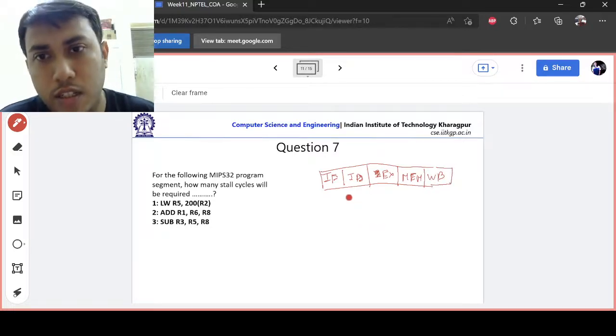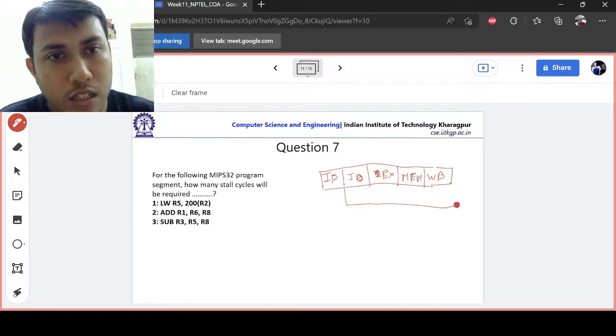Right. So let's consider it for these three instructions.